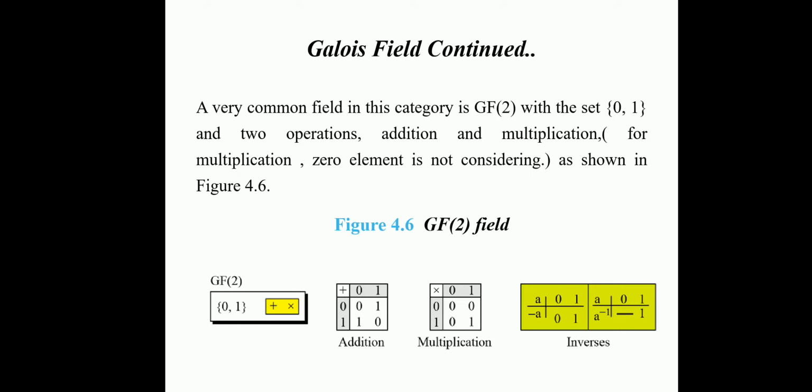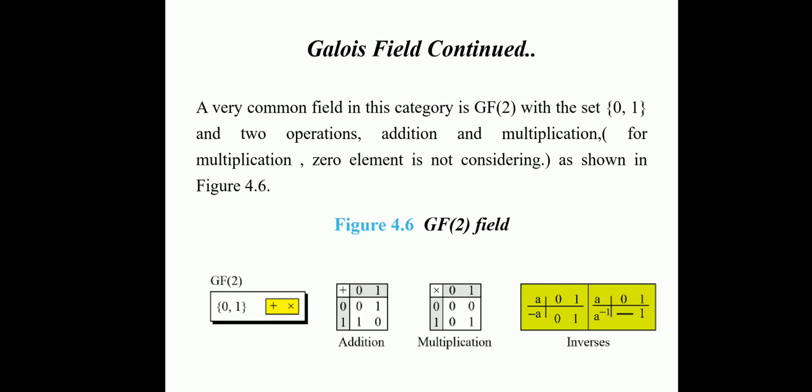In addition to this, we can use an expression for modulo m addition: it is the remainder of i plus j by m, where m is the number of elements in the field. We need to take the elements we need to add, that is i and j, then add them and divide i plus j by m.